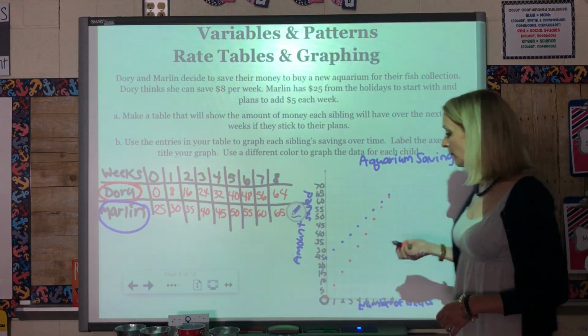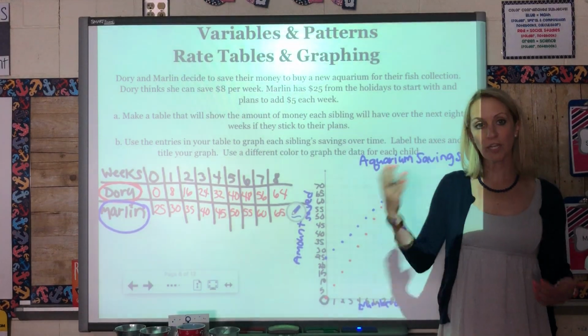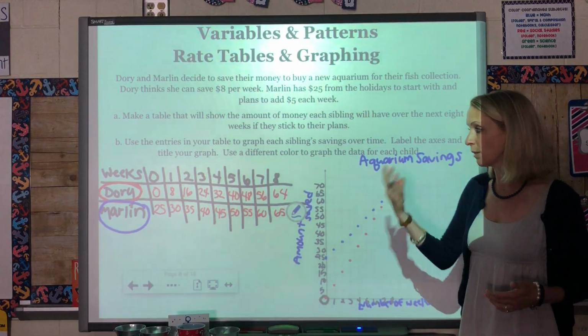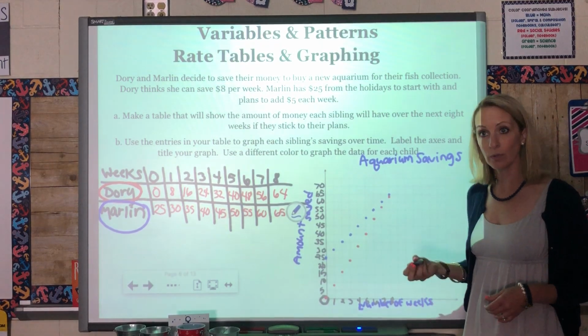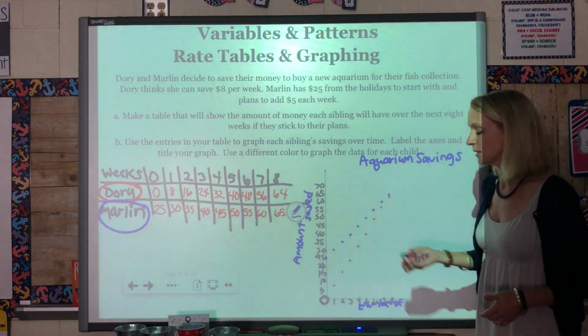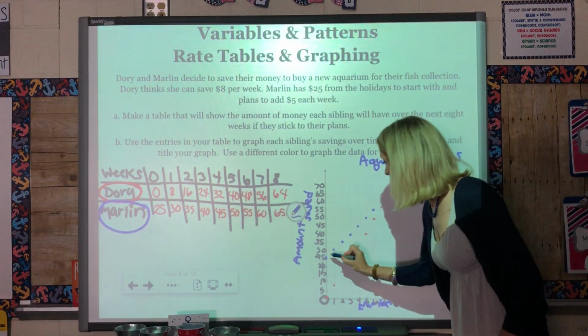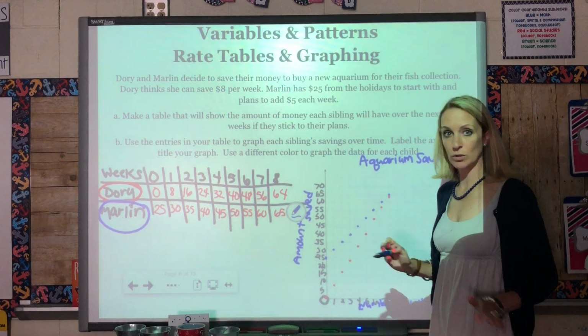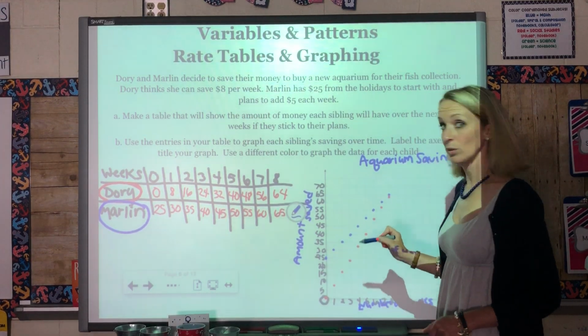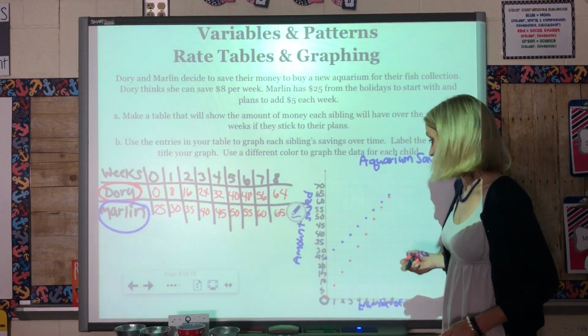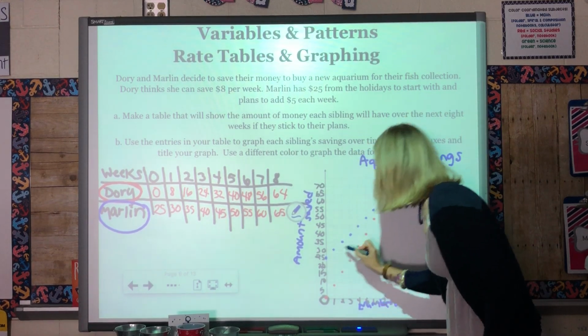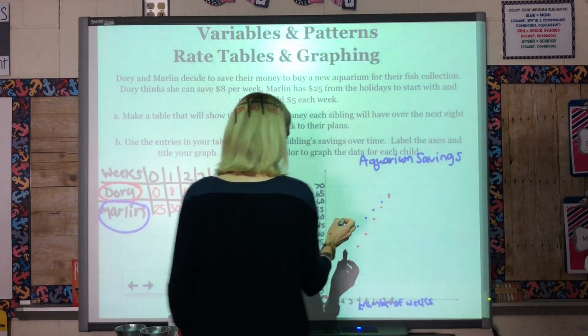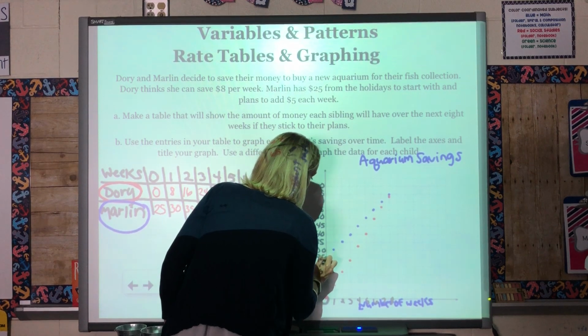And now we remember, when we are showing change over time, they're saving this money over time. So we're going to want to connect the points in our graph. You of course use a ruler, but I don't have a ruler big enough for my smartboard. So I'm going to do the best I can to draw a straight line to connect.